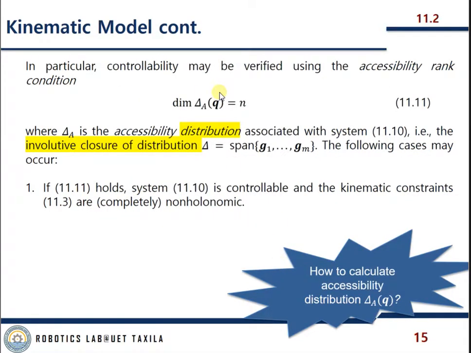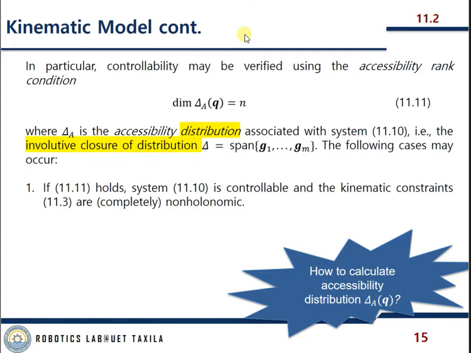In particular, controllability may be verified using the accessibility rank condition. So I'm going to discuss what it is. Let's consider this accessibility rank condition. The dimension of delta A of q is going to be n, where delta A is the accessibility distribution associated with system 11.10, the involutive closure of distribution delta, equal to span G1 down to Gm.